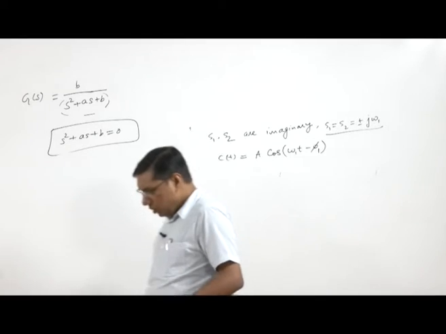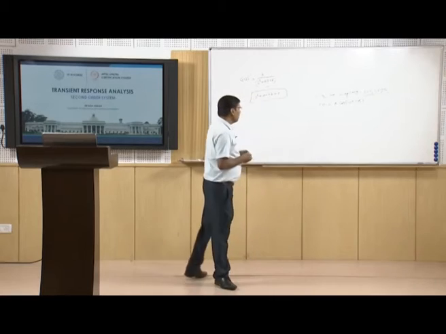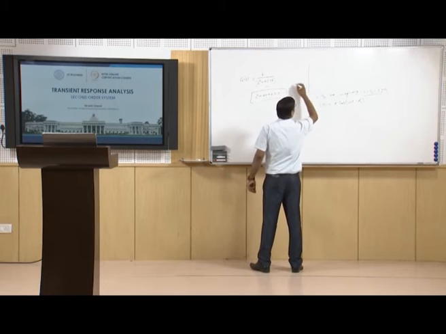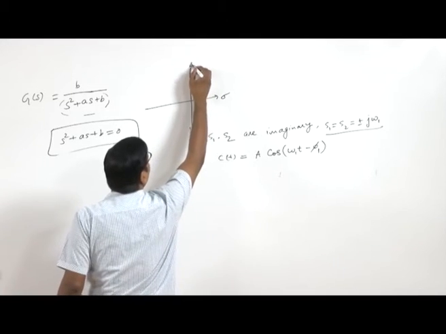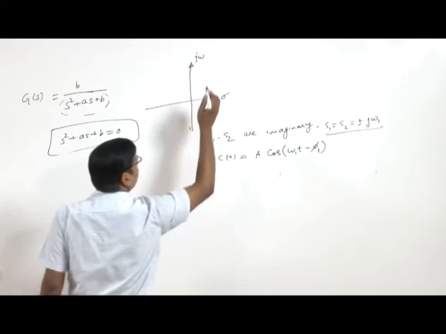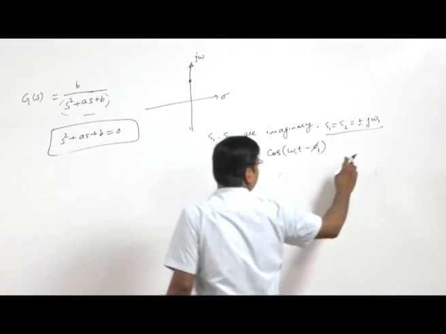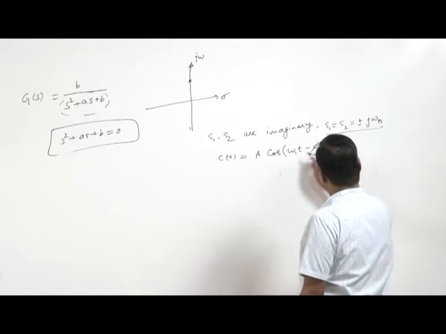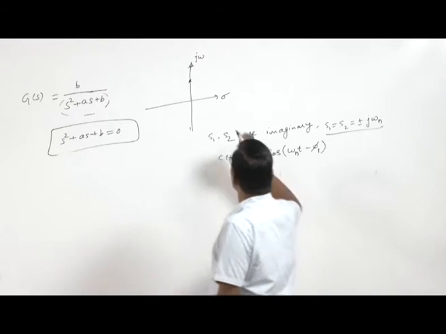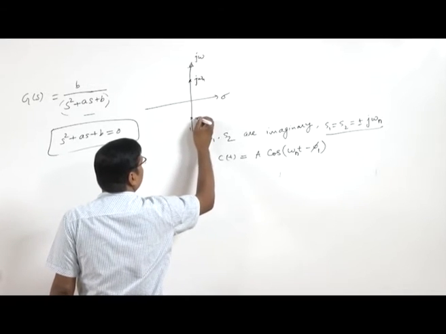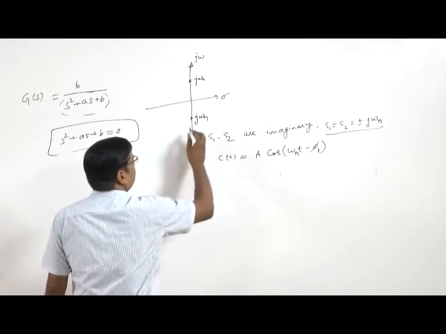When the roots are imaginary, if we plot these roots on the s plane, let us say this is omega n. So here we will have j omega n, and here minus j omega n.